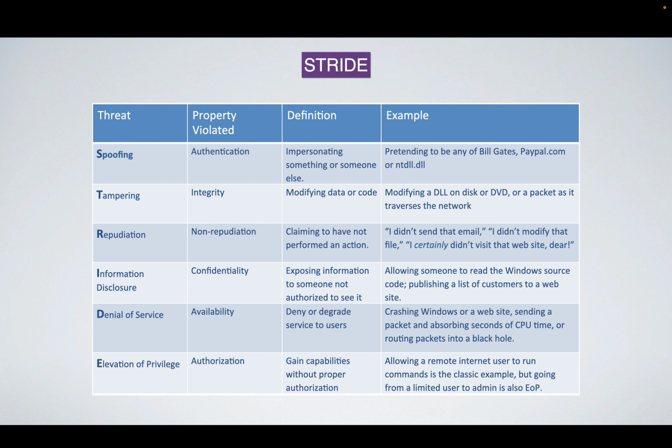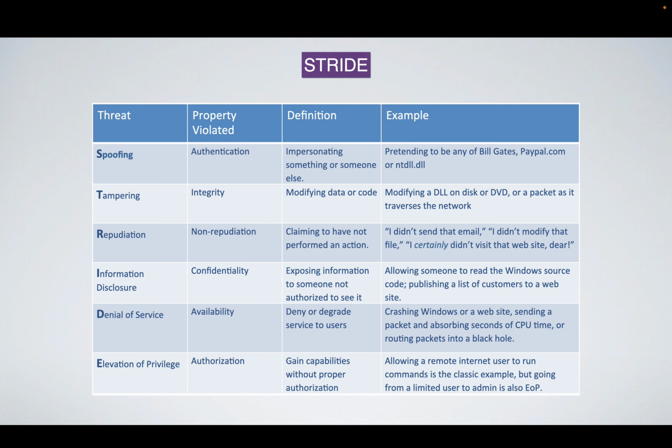If you go to the second column, that's the positive that goes with the negative. Spoofing is the attack, and the defense that stops spoofing is authentication. You want integrity, you want to stop tampering. You want non-repudiation, so you want to stop repudiation. You want confidentiality, so you want to stop information disclosure.